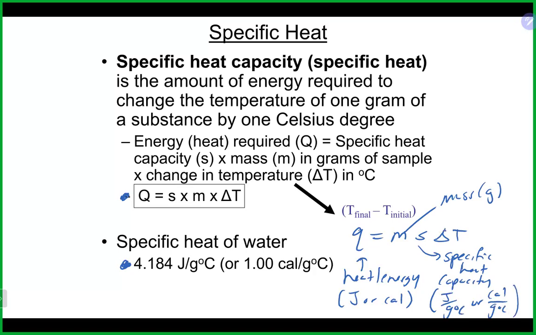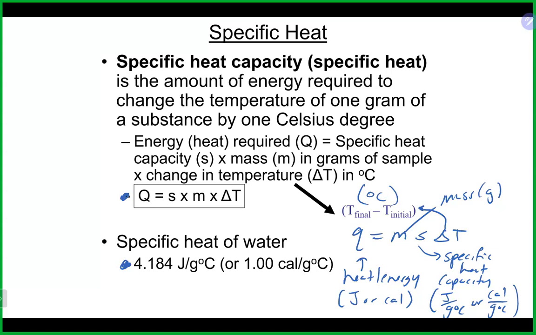And change in temperature is always going to be final minus initial. This is probably one of the few things in chemistry where degrees Celsius, not Kelvin, is used. So we typically use degrees Celsius here for our change in temperature.